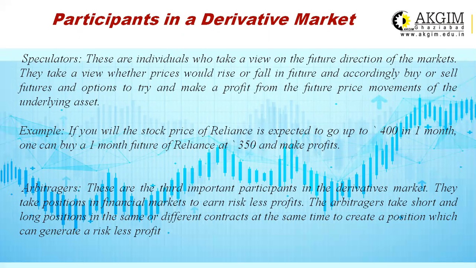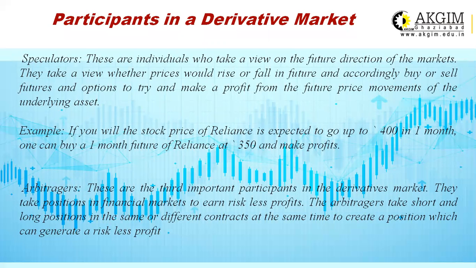Let us take an example. If the stock price of Reliance is expected to go up to 400 in one month, then what can one do? They can go for the one-month future of Reliance at a price of 350 and make a profit. But never do trading without mentioning a stop loss.